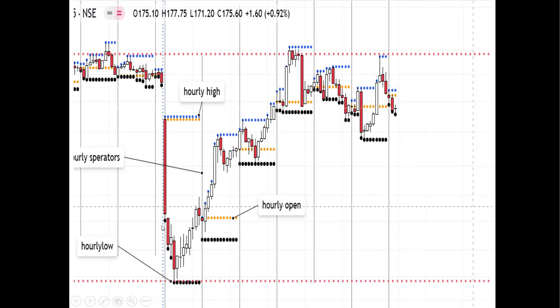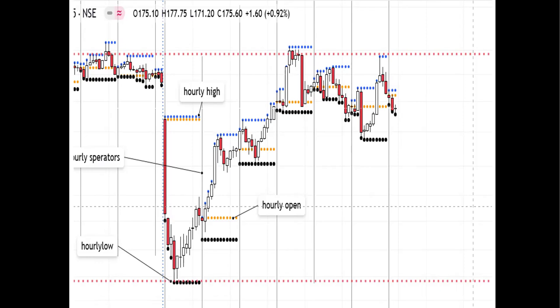You can see the dots on the 5-minute candle lows, 112. These are the hourly lows, and it started stabilizing over here, hourly low around 9:35 or so. Counting the candles, that means after 25 minutes, the market started stabilizing here.